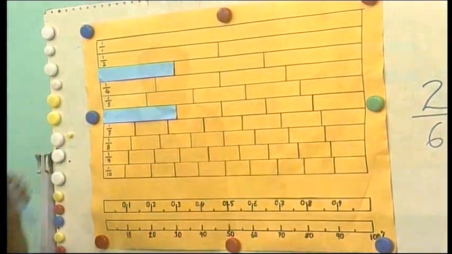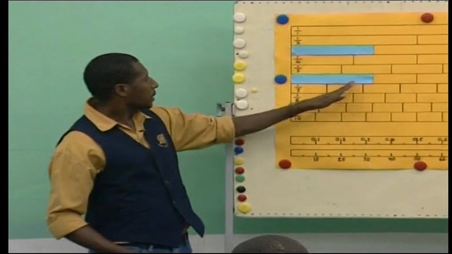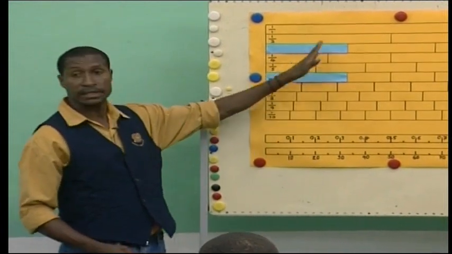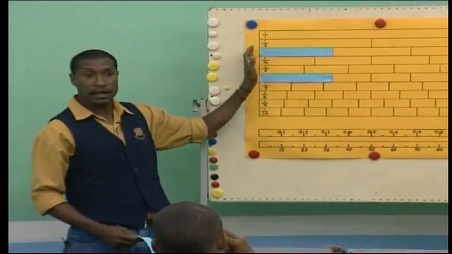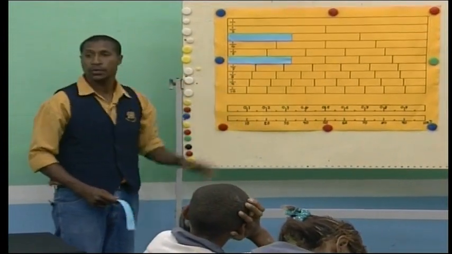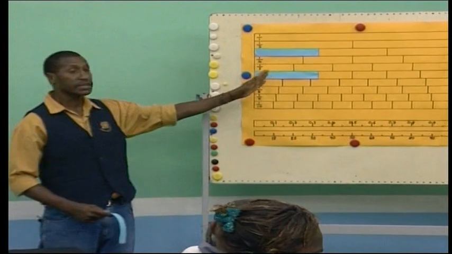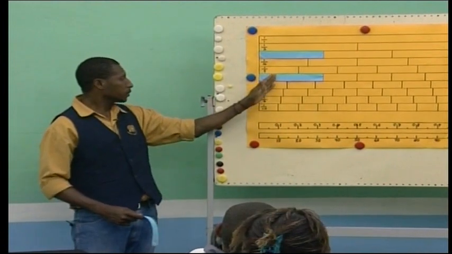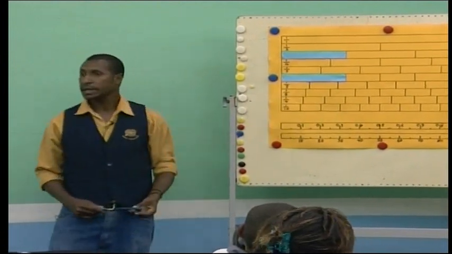Class, is the length of 2/6 the same as the length of 1/3? You can see from this fraction wall here. Any other fraction which has the same length as 1/3 and 2/6?